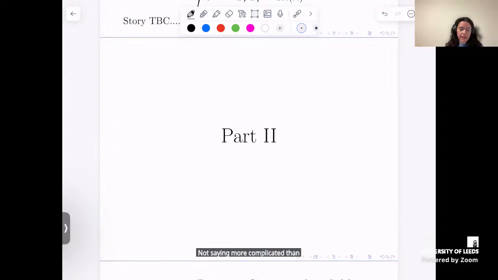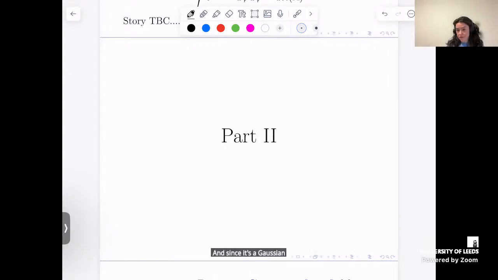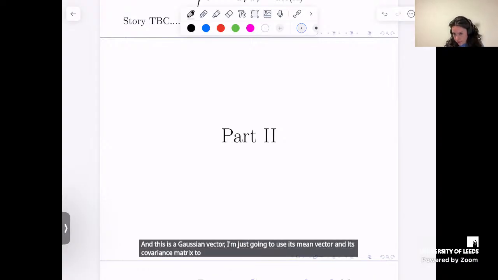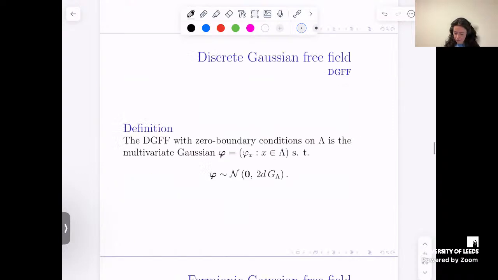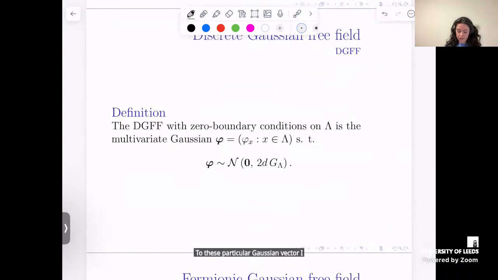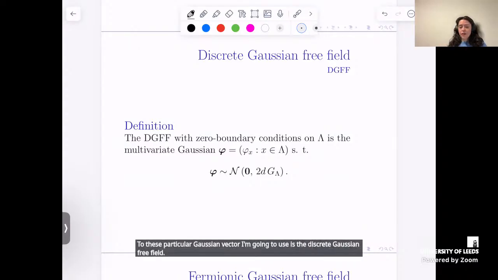So I'm going to define now a Gaussian vector on lambda, a finite connected subgraph of Z^d. Since it's a Gaussian vector, I'm just going to use its mean vector and its covariance matrix to define it properly. This particular Gaussian vector is the discrete Gaussian free field.